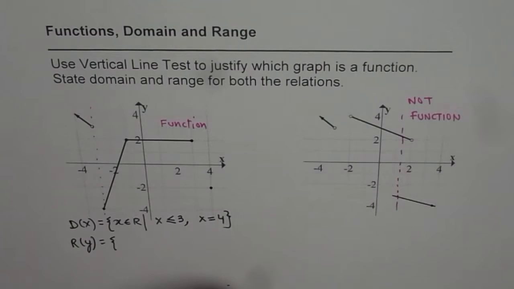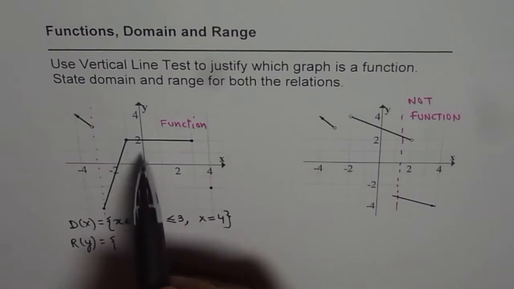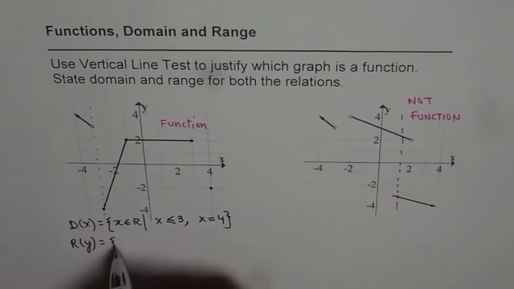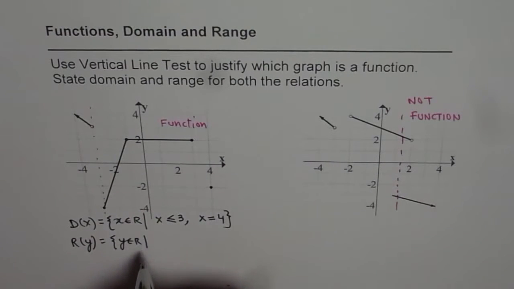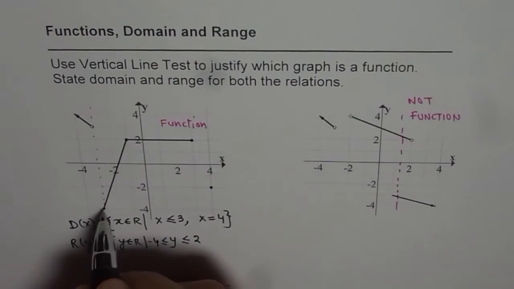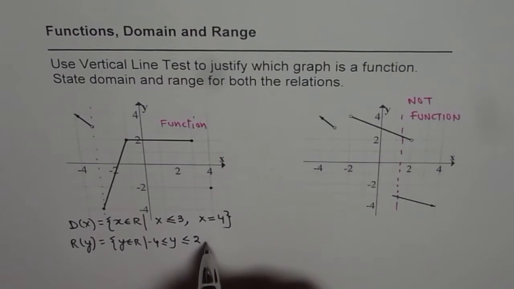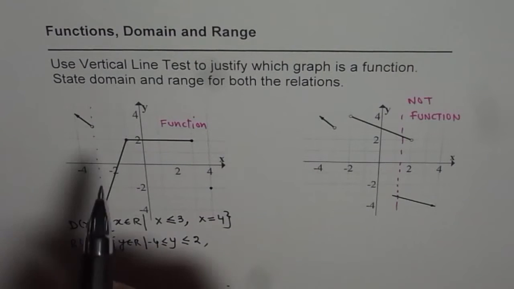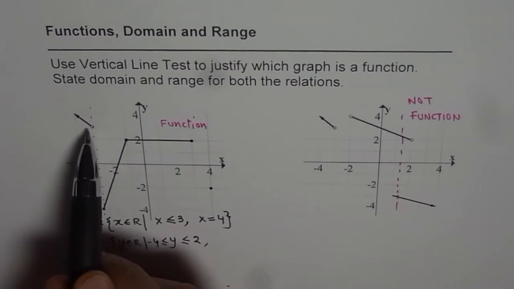Range is all y values. So what we observe here is that the y values between 2 and -4 are included. So y belongs to real numbers, so that y is greater than equals to -4 and less than equal to 2, right? Since these solid things means included. And you'll also observe that everything greater than 3 is also a part of range, correct?